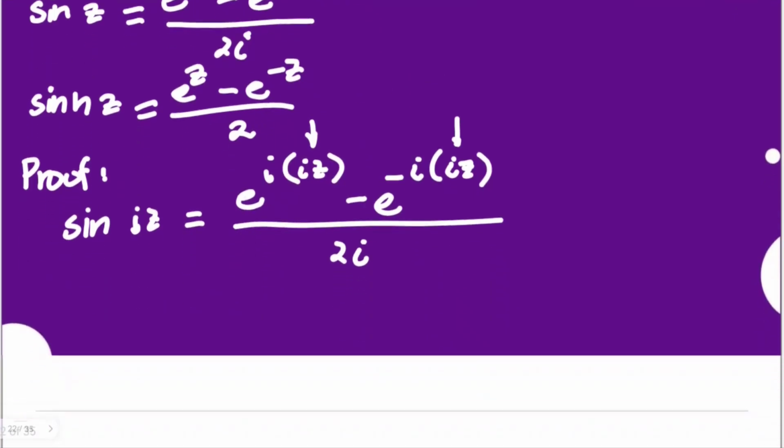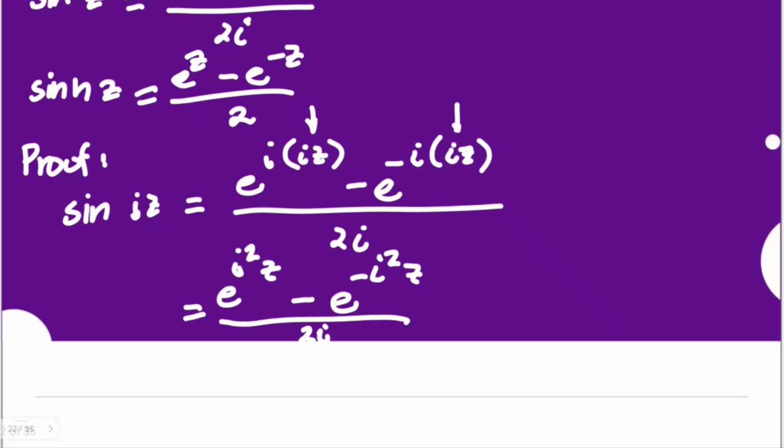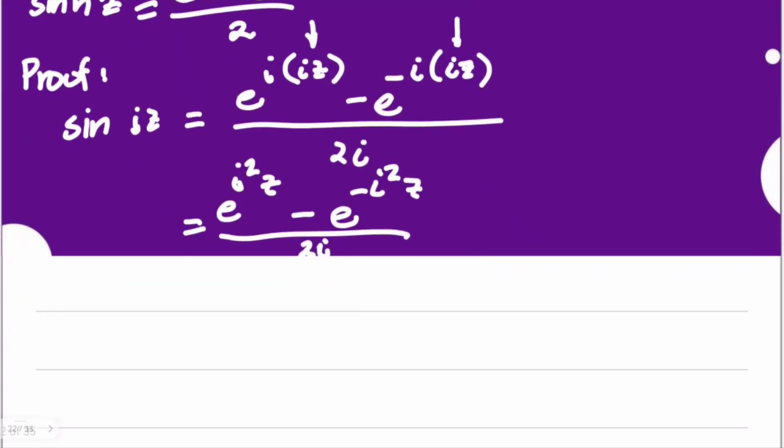So what will happen next here is, of course, you have i times i. It will become e to the power of i squared z minus e to the power of negative i squared z, all over 2i. That's the denominator. Allow me to continue here and take note that we know that i is equivalent to the square root of negative 1, so i squared is actually negative 1.